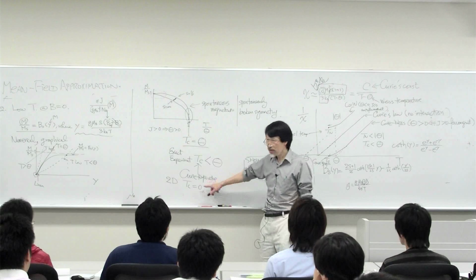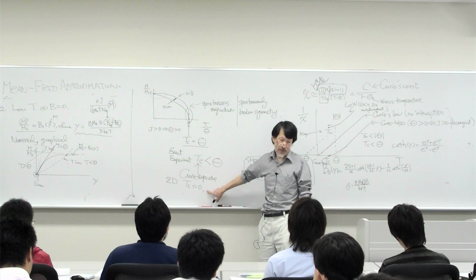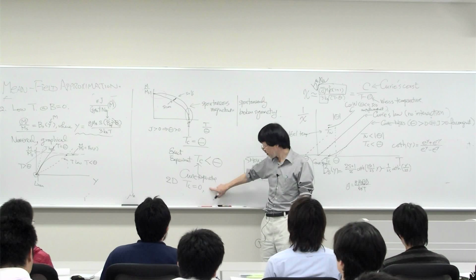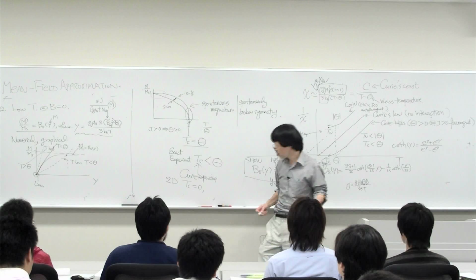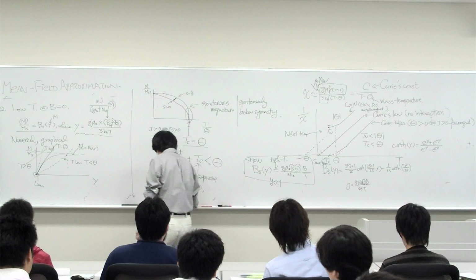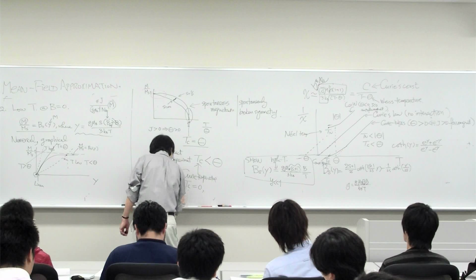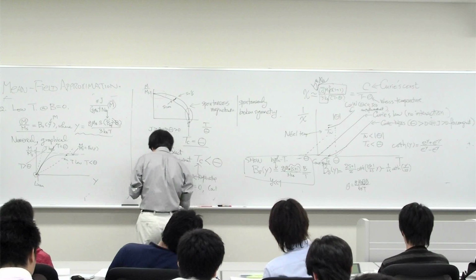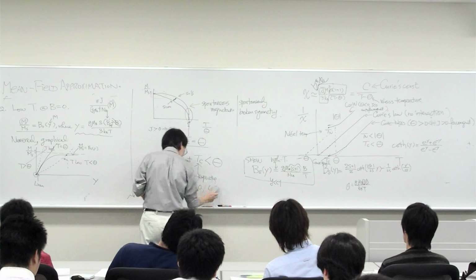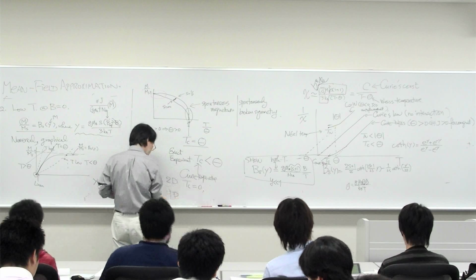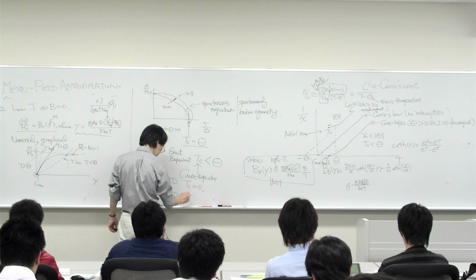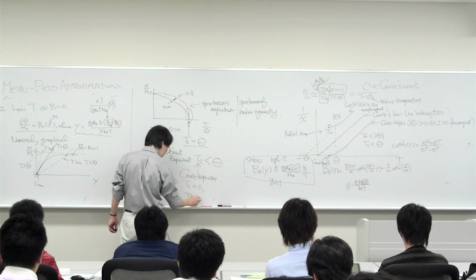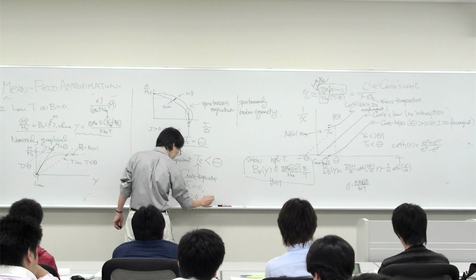And here you can see one of the manifestations, one example that the mean field approximation is bad in 2 dimensions. In 1 dimension, this is not ordered. In 1 dimension, of course, even at T equals 0, there's no spontaneous magnetization.